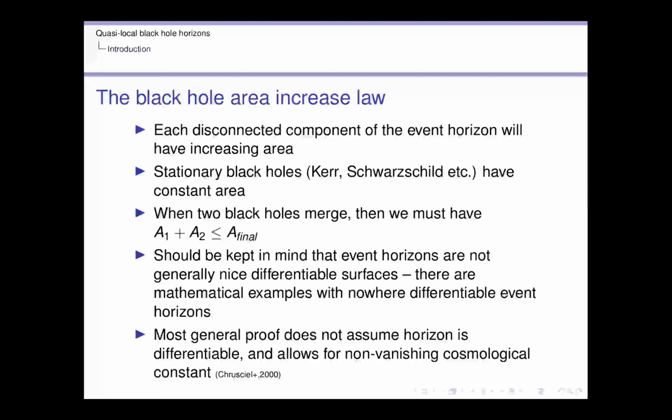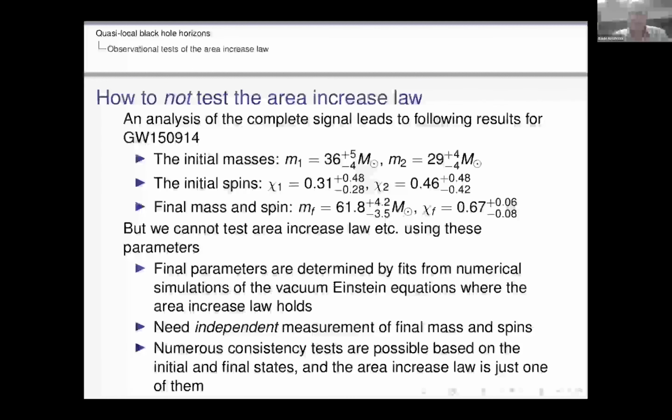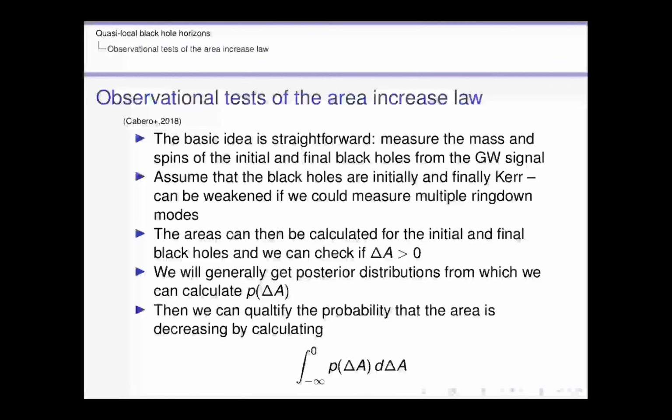Yes. Hello, Professor. So you said this area increase law is within GR. So can we use this area increase law to constrain the posteriors, to constrain more the posterior, because it is within GR? Yes, like the way that parameter estimation works. Right.